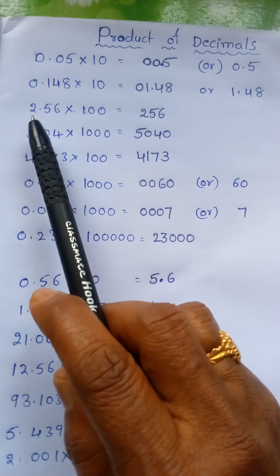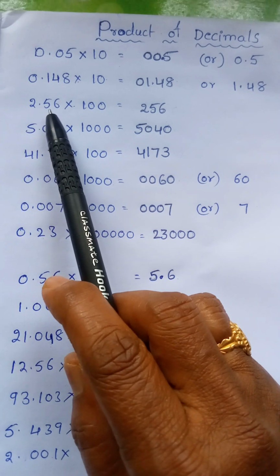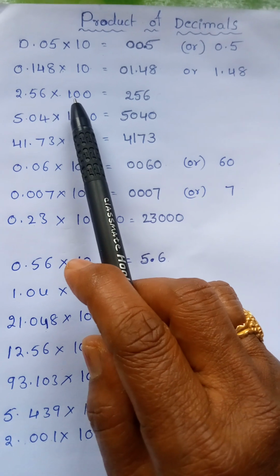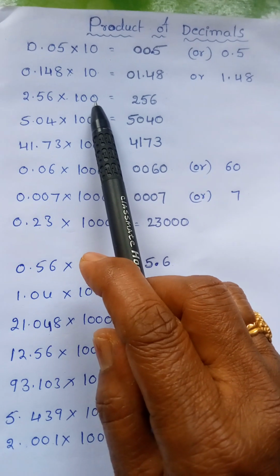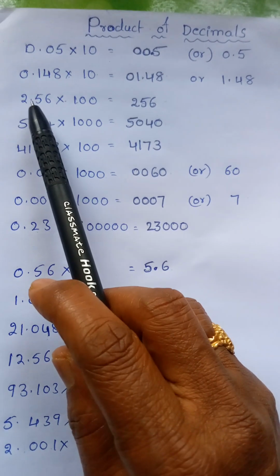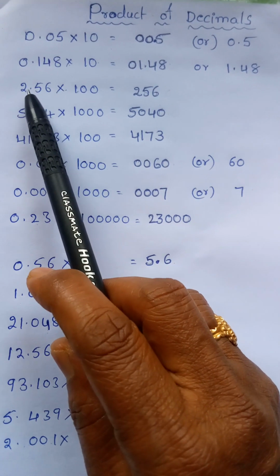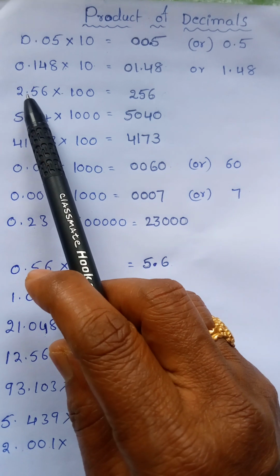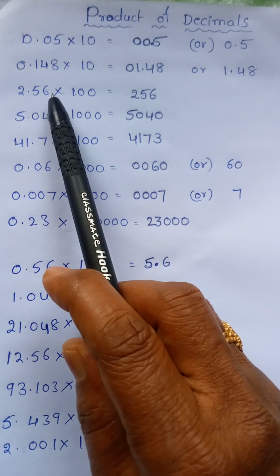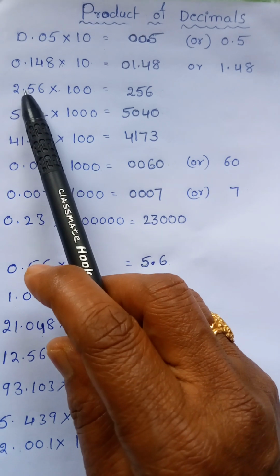Next one is 2.56 into 100. Here we multiply with 100, and in 100 there are two zeros. The decimal point in 2.56 is before 5.